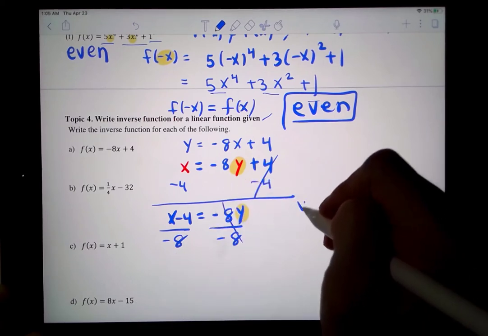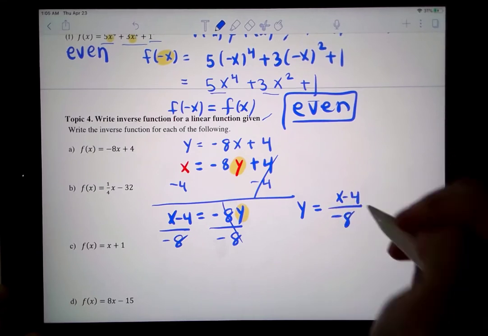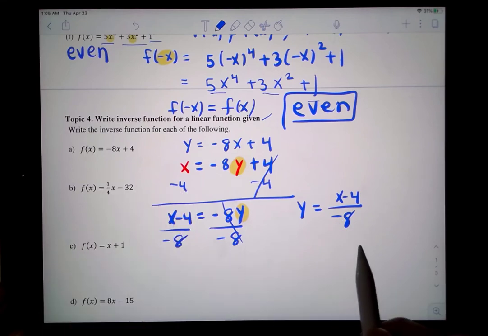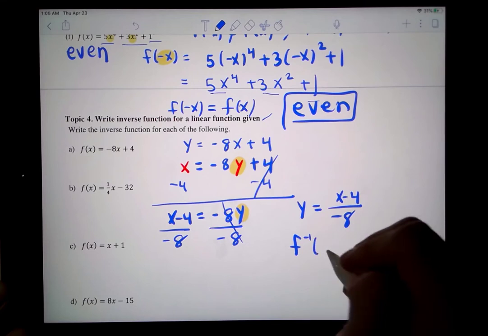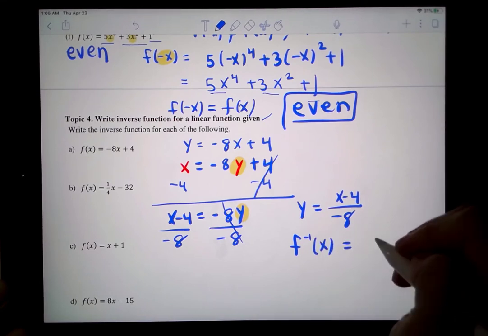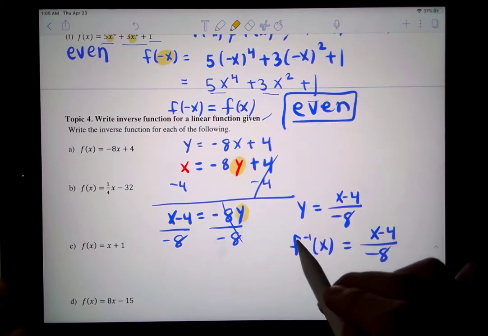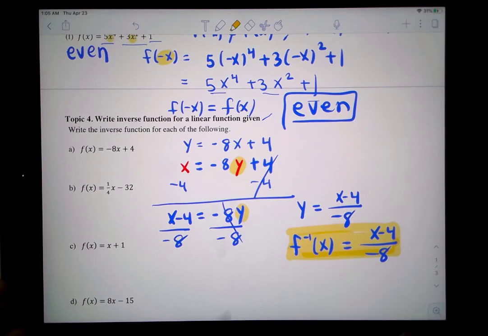Then you get y equals x minus 4 over negative 8. And for the inverse function, we can write f inverse of x equals x minus 4 over negative 8. That is your final answer.